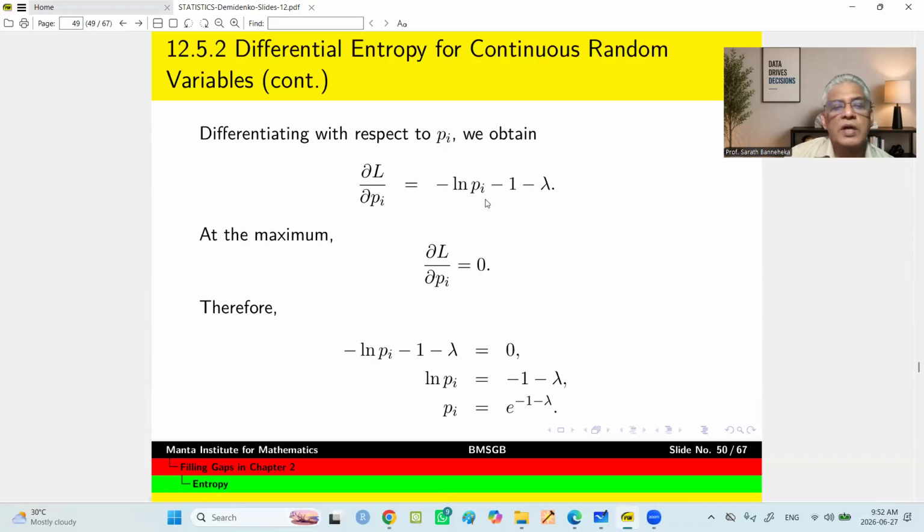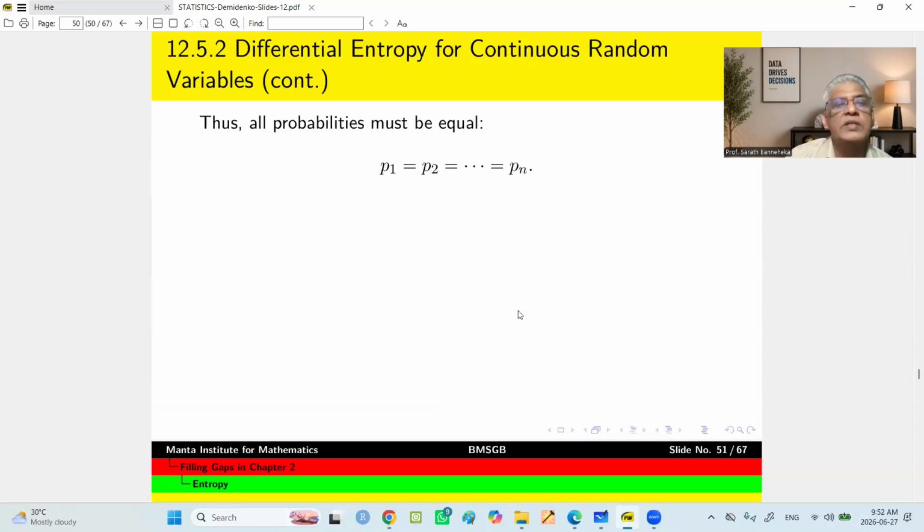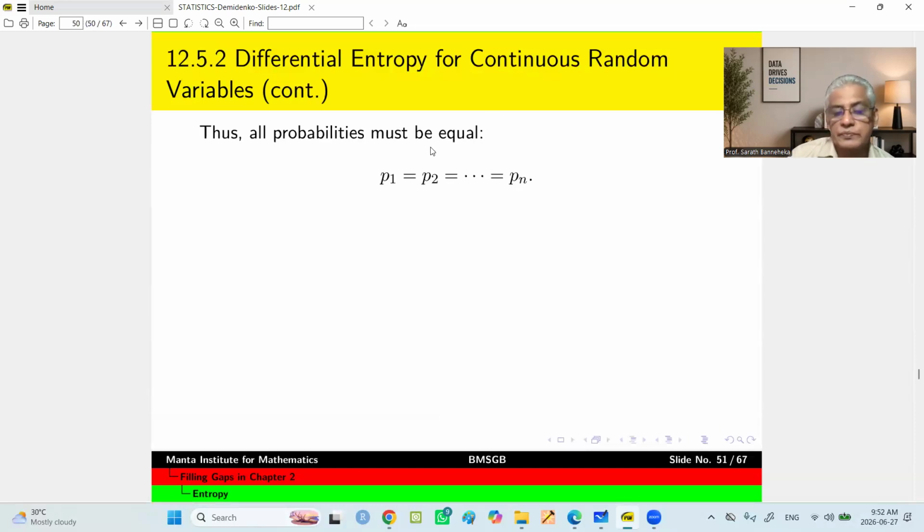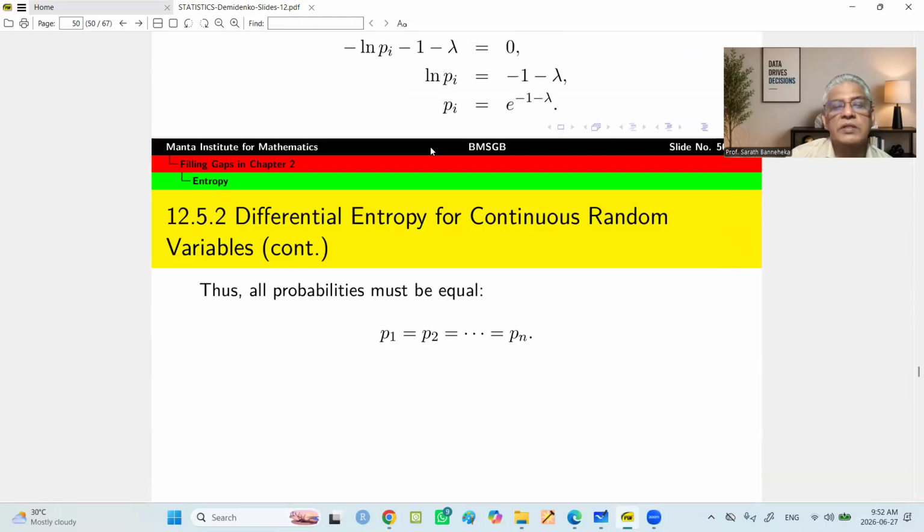So when you have this, this equation will give you pi is equal to e to the power negative 1 minus lambda. But what is lambda? In order to get the lambda at the maximum, again, we have to differentiate with respect to lambda and then get the value. When you do that, we get this expression.